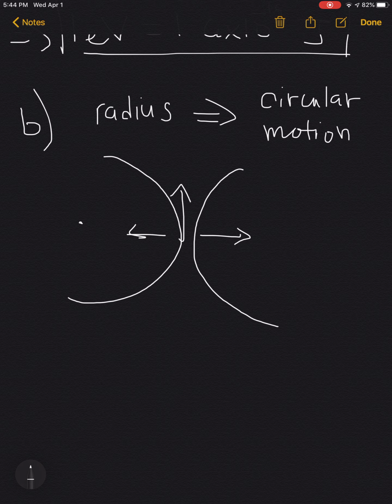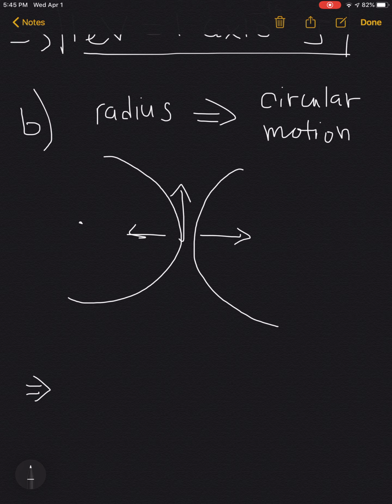But in either case, you can actually just deal with the absolute value, because the actual radius that's created by this will not depend on the sign of the charge.